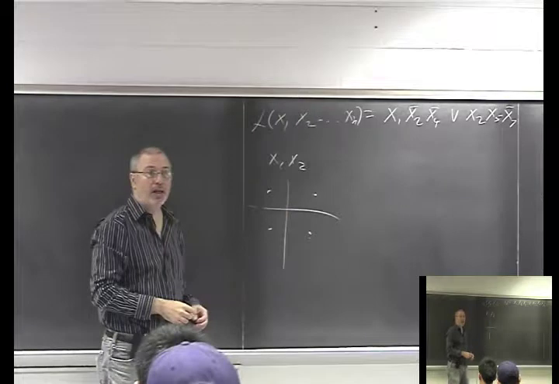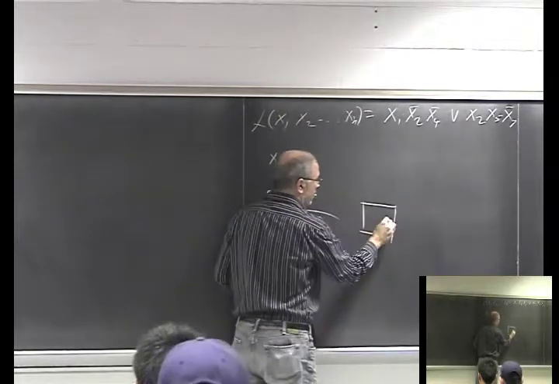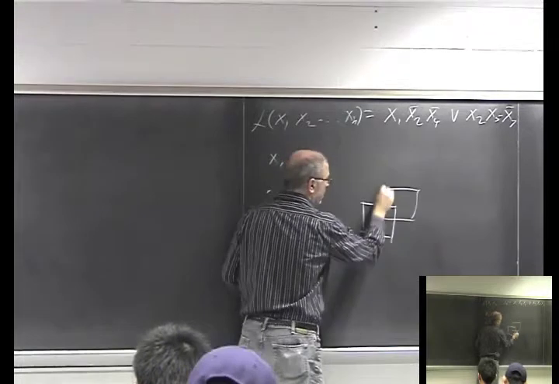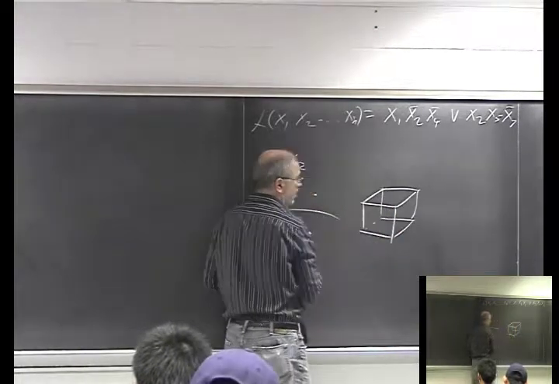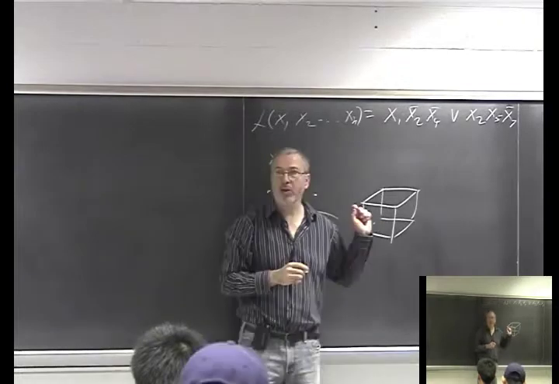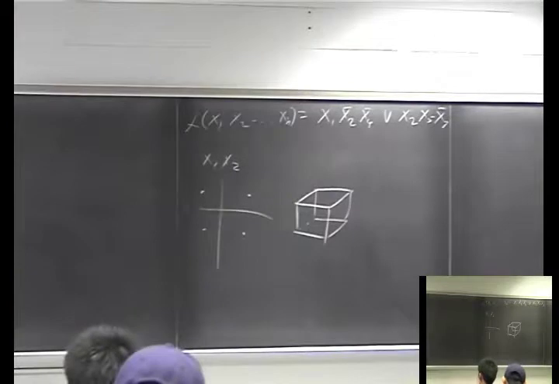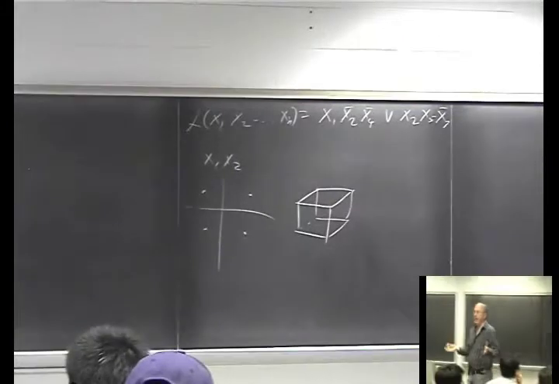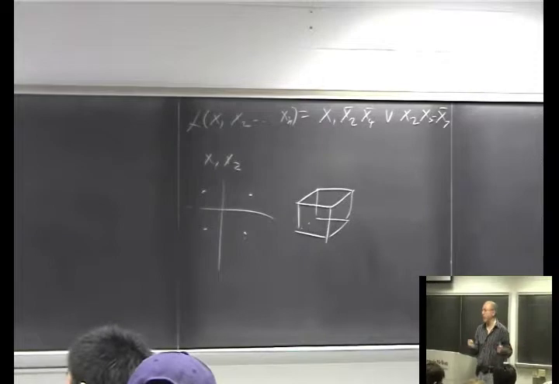If it's 3 dimensions, then you can literally think about it as a cube. And you have 8 vertices corresponding to 0,0,0, 0,0,1, 0,1,0, and so forth, all the way to 1,1,1. In the general n-dimensional case, the hypercube has 2 to the n vertices. Each vertex corresponds to one possible input, one possible combination of the n binary inputs.